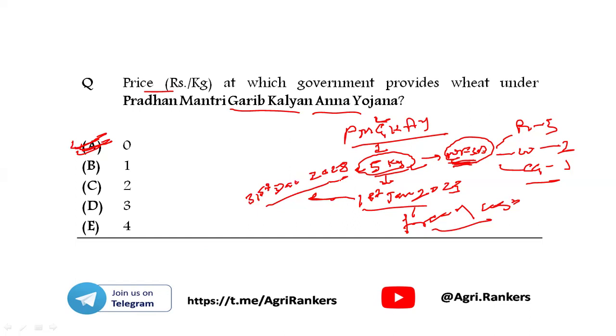So this is the answer till 31st December 2028, unless a new government forms and some changes happen. We don't know. But till then, the government has decided to provide it free of cost. So what are the benefits under the National Food Security Act? Let's discuss this a little bit.